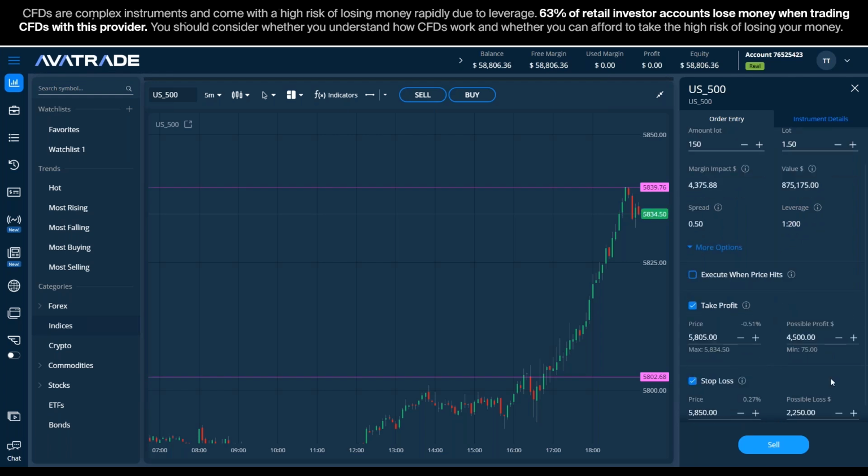My stop loss then is about half the risk compared to my possible profit, to my take profit. And you see how this risk manages for us with the stop loss up here at 58.50 as an example price.